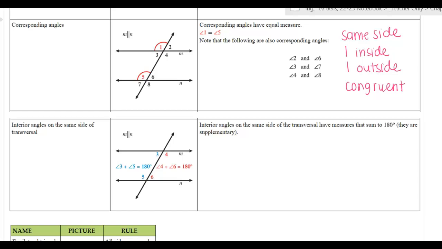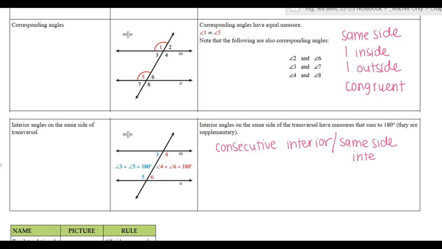And then our last one, these are called interior angles on the same side. So we also call these consecutive interiors. I've also seen same side interior, which is kind of what they're calling them here.